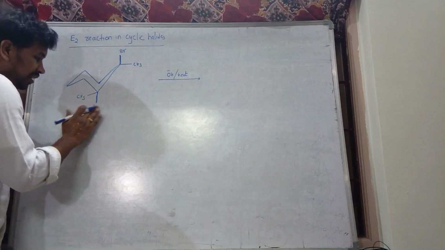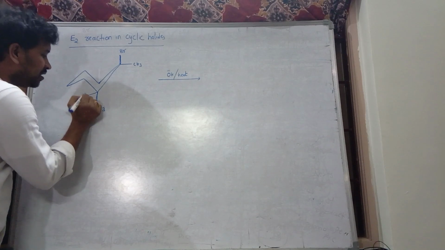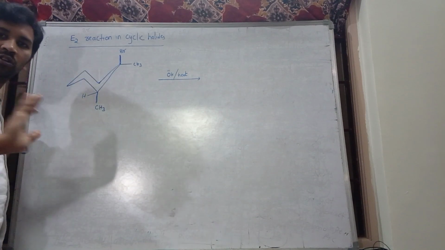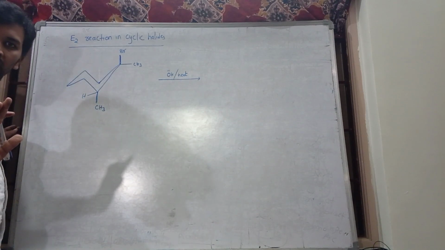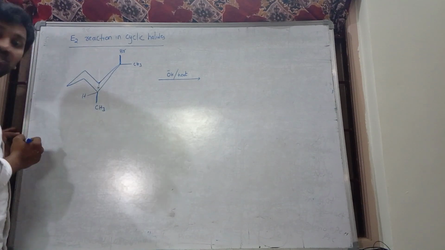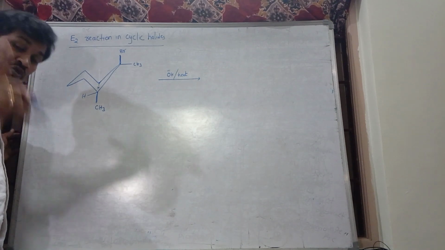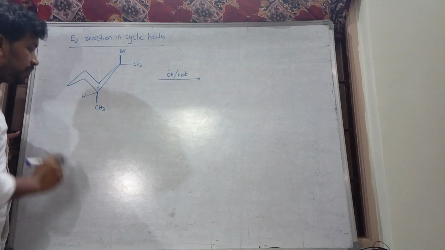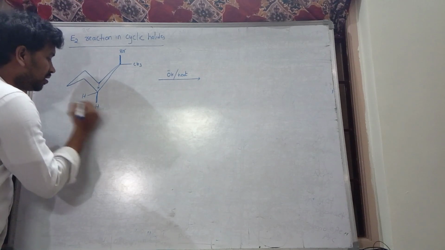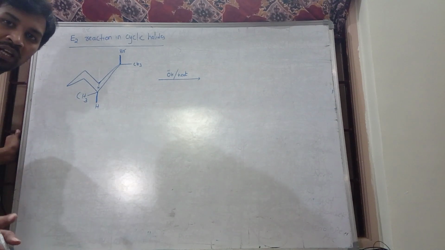For example, if CH3 is in axial position and hydrogen in equatorial position, these two elimination is not possible. Then the other hydrogen will participate in elimination, because hydrogen and bromine should be in anti position.